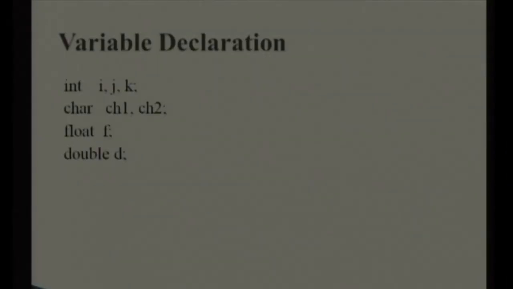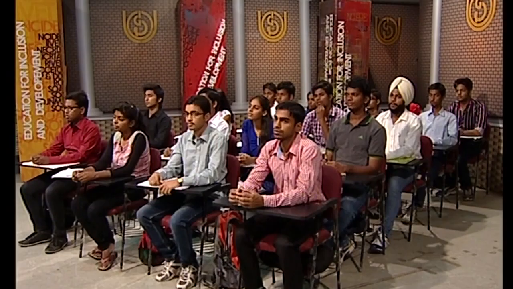Now, declaration of variables, how do we declare variables? The syntax is that we write the data type, then the name of the variable. More than one variable you can declare by separating them by commas. On this screen you can see integer variables are declared.